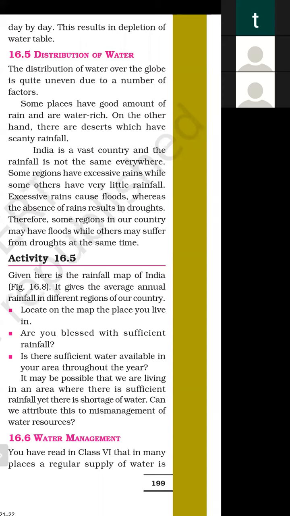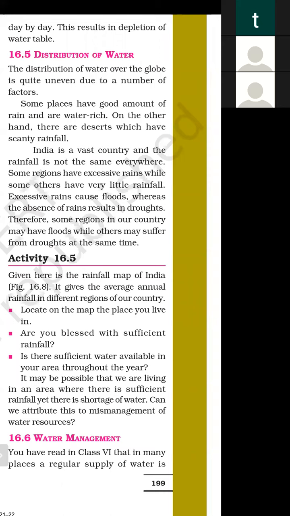We have places where much rainwater is available, and in our country there are some places where little rainfall occurs. Some regions have excess rainfall while others have very little. Excessive rainfall causes floods, whereas the absence of rain results in droughts.